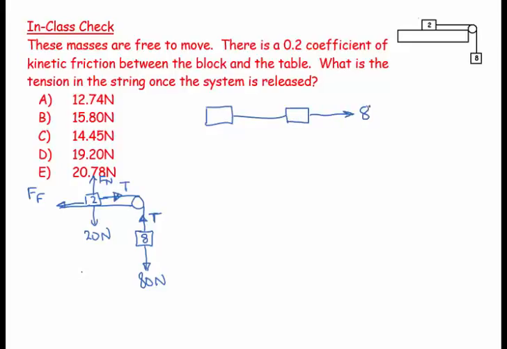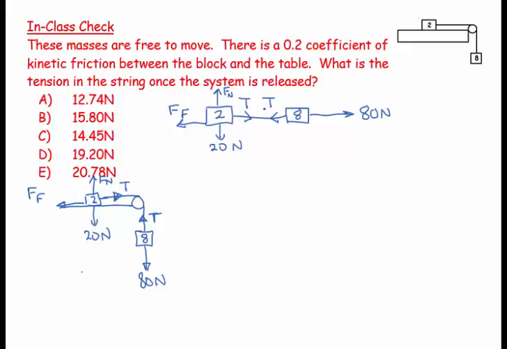And we have 80 newtons there. We have 8 kilograms. We have my T and my T, which are now equal and opposite. We have our 2 kilogram there, which means 20, and which means normal, and then we have our frictional force.